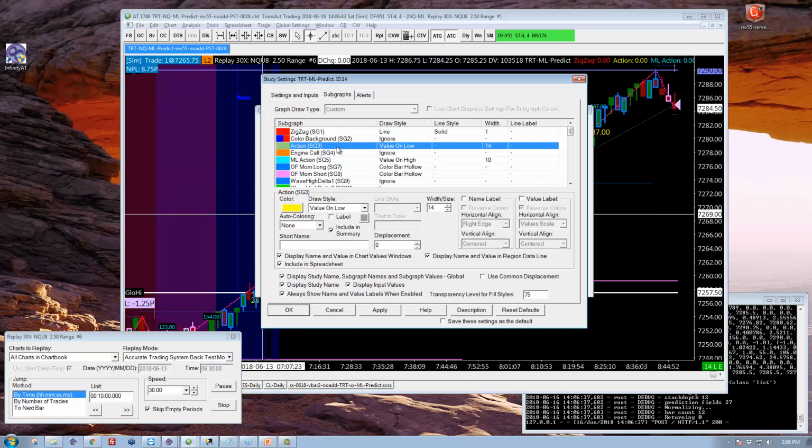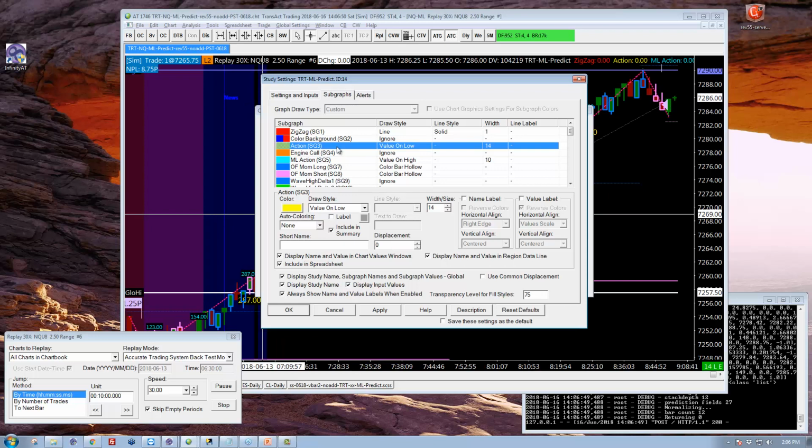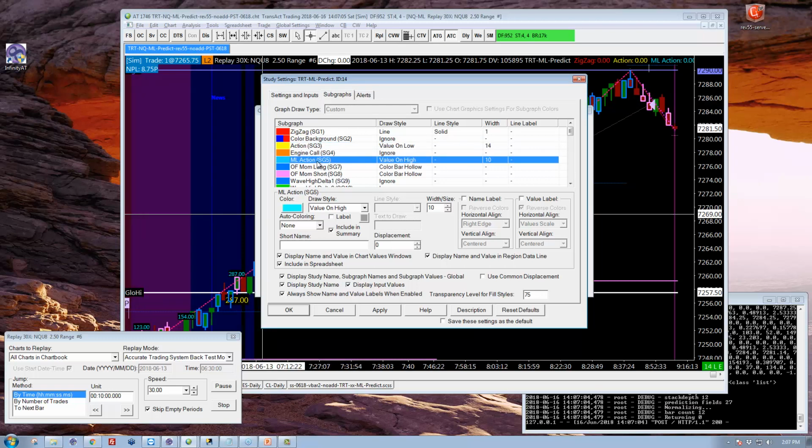Other restrictions are things like, well, no, that's it. What we do is if it's outside the time that you've said you want to trade, then we suppress that value. So for SG5, we're not doing that, but then we don't use it for anything else.